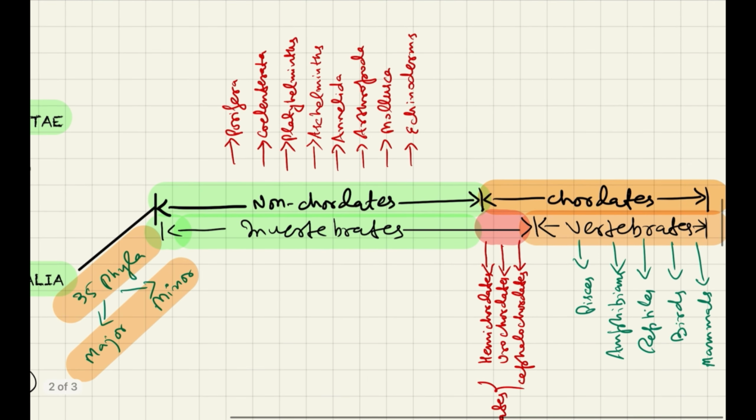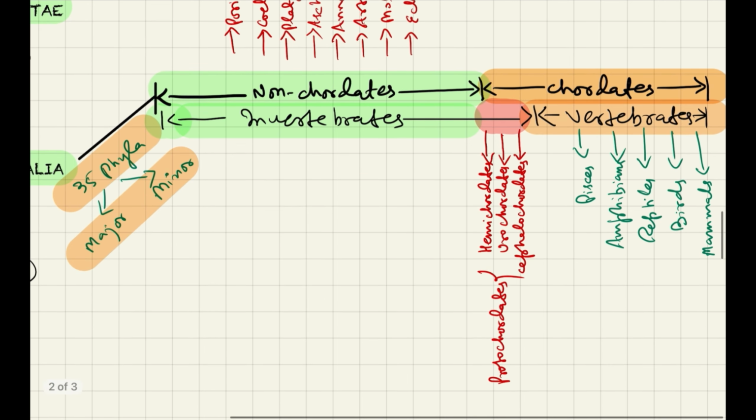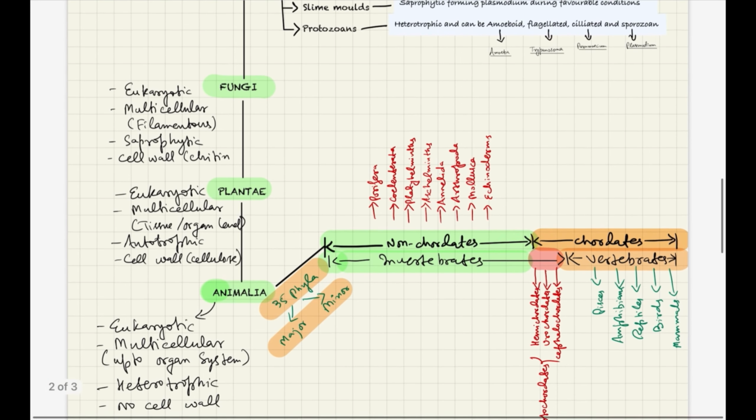Now the basic thing which we also know is that in non-chordates we have certain phyla like Porifera, Coelenterata, Platyhelminthes, Aschelminthes, Annelida, Arthropoda, Mollusca, and Echinodermata. And in vertebrates, within the chordate section, we have the more advanced types like Pisces, amphibians, reptiles, birds, and mammals. So this was all about it.